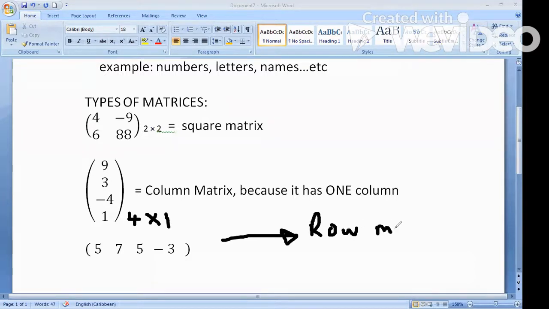You say it has 1 row, but they don't call it a 1 row matrix. They call it just a row matrix.